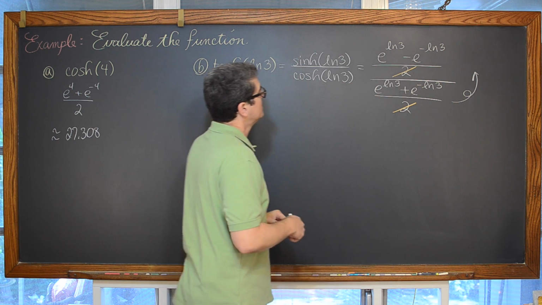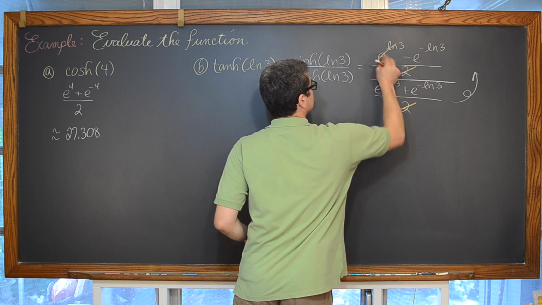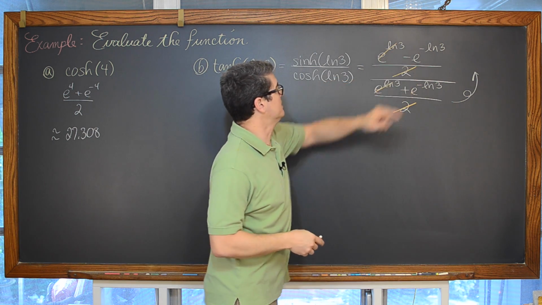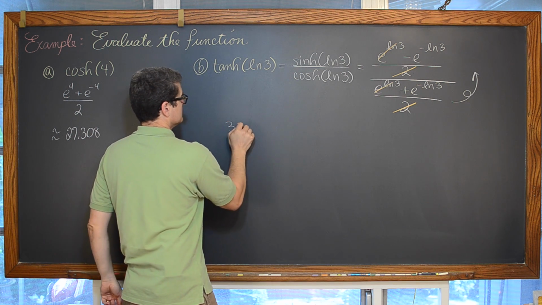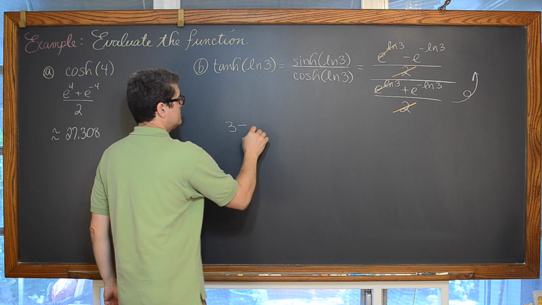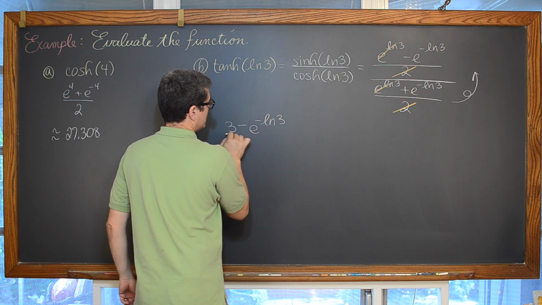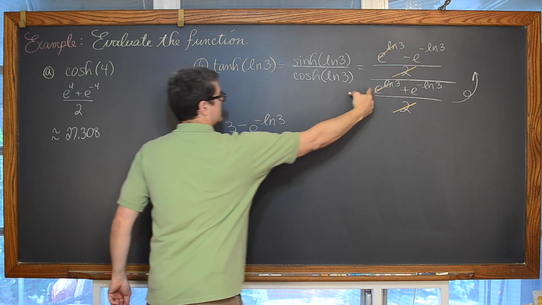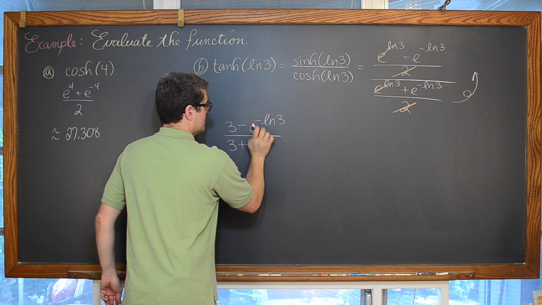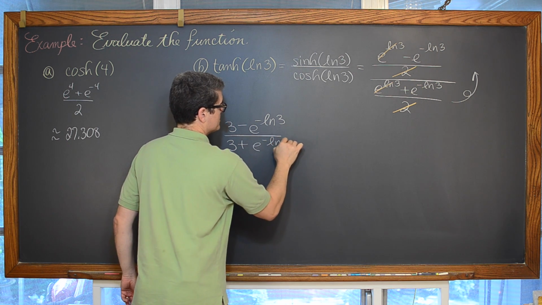So these are also going to cancel out, and we get just 3 minus e to the negative natural log of 3 over, again here, 3 plus e to the negative natural log of 3.